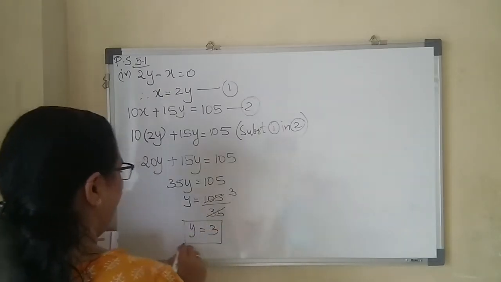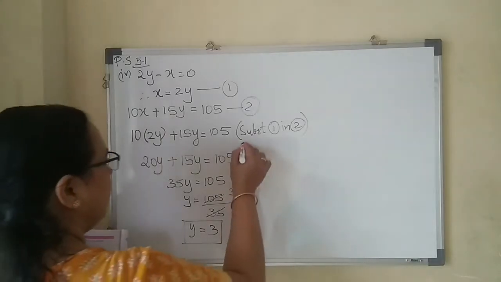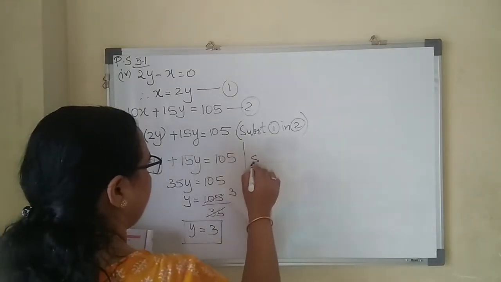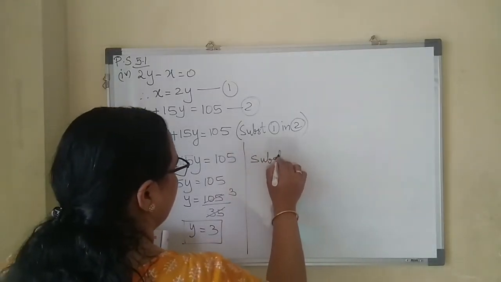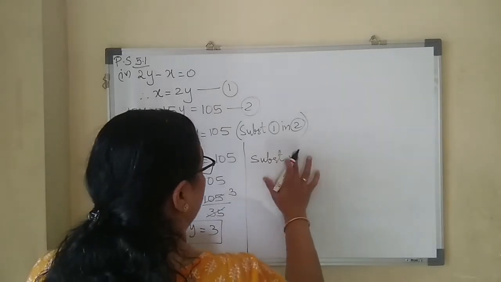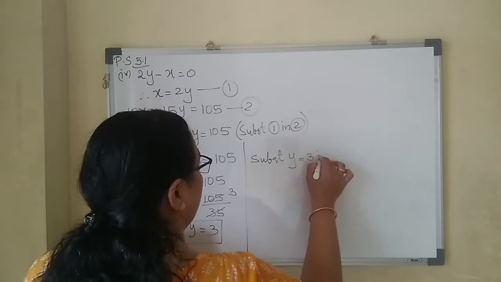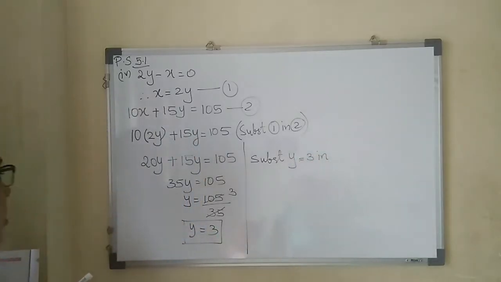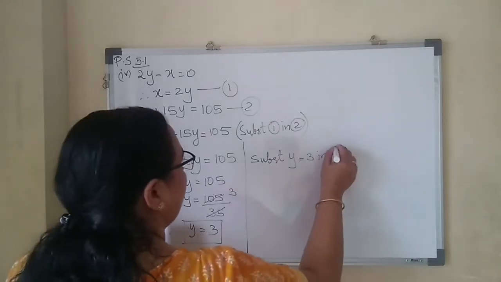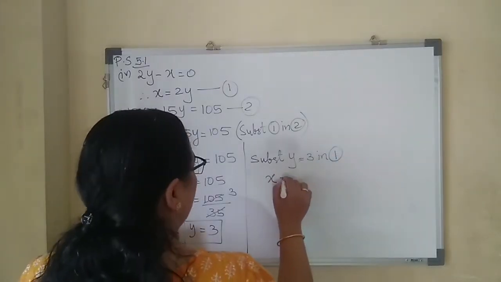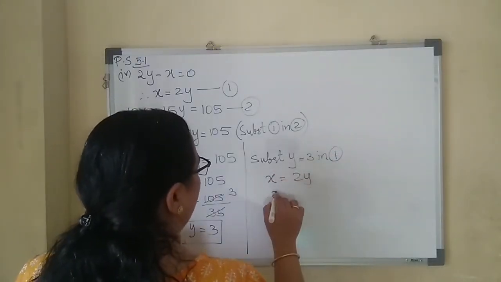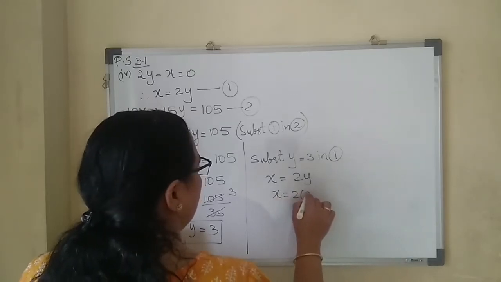Once you have got the value of y, substitute the value of y, that is y equals 3, in an equation. Which equation? Correct. Equation 1, x equals 2y. So x equals 2 into 3.